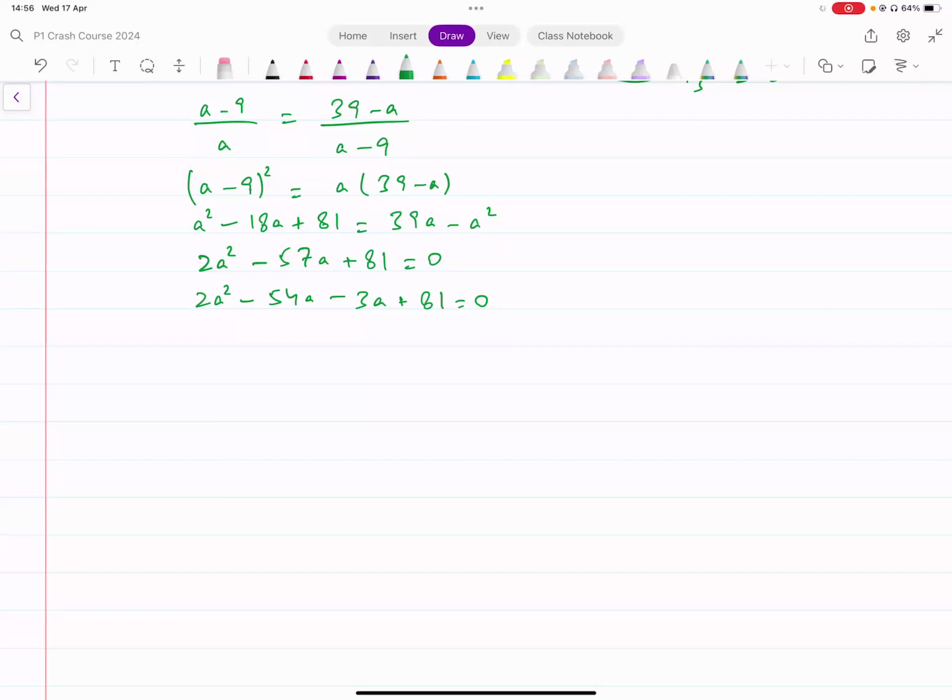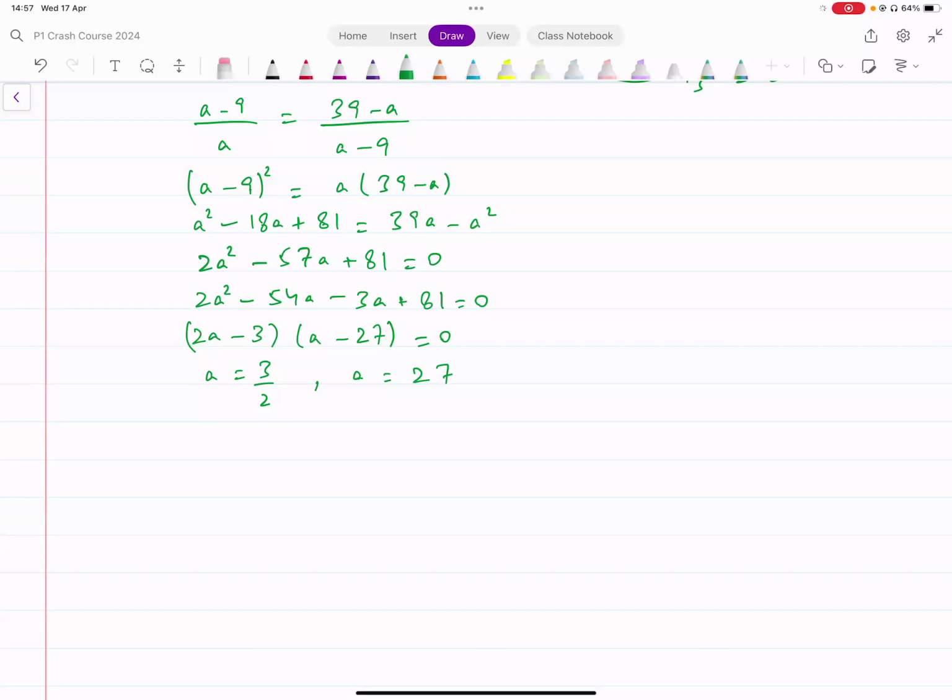And we get two factors from this: (2A minus 3) and (A minus 27). That means A either equals 3 over 2 or A equals 27. These are the two possible values of A that we're getting.